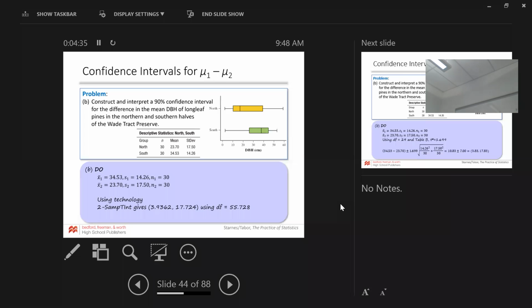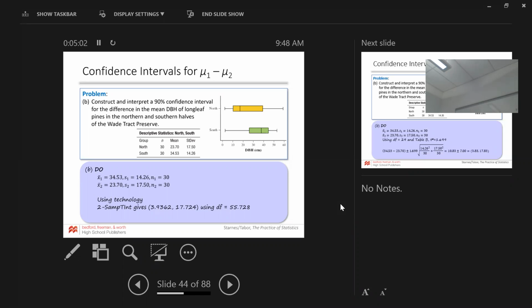See, the null is saying the south tree take away the north tree equals 0. That's the null. If 0's in the interval, fail to reject. If the interval goes positive to positive, or negative to negative, reject the null. 0's not in there, reject it. If 0 is in there, you fail to reject it.